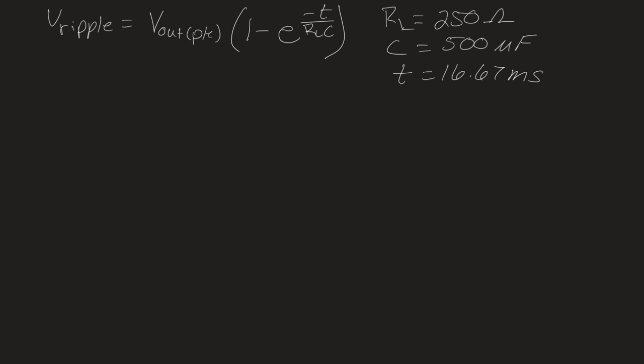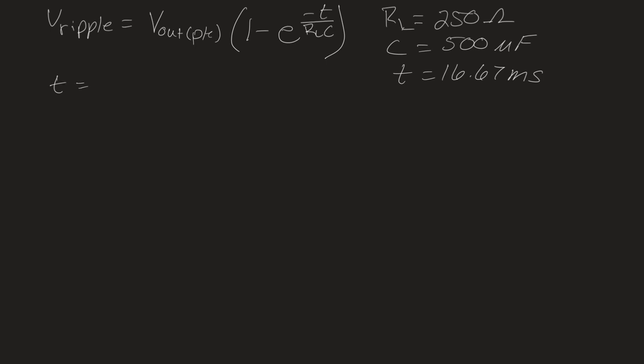Before we plug these values in, we need to do a few calculations to get all our units in the same value. So T is in milliseconds, which is 10 to the minus 3, and our capacitor is in microfarads, which is 10 to the minus 6. So we need to go ahead and convert our time over to seconds.